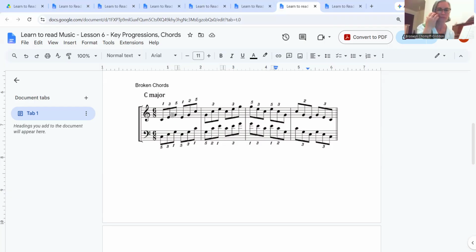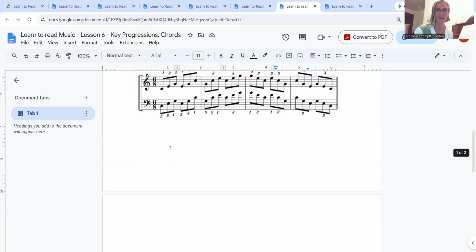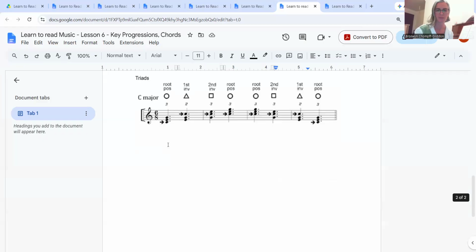Now, this particular one, in the broken chords, I'll play it for you in a moment what it sounds like. But then we also have this, which is the same thing as this, but they're all together as a chord altogether.